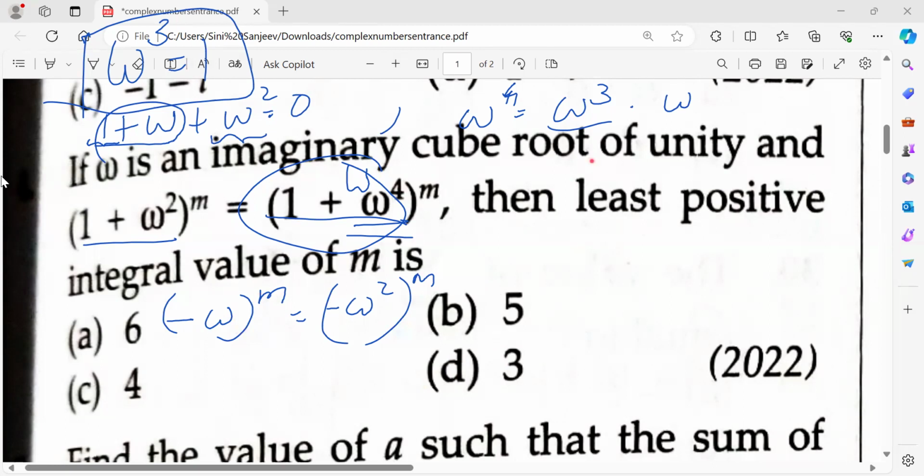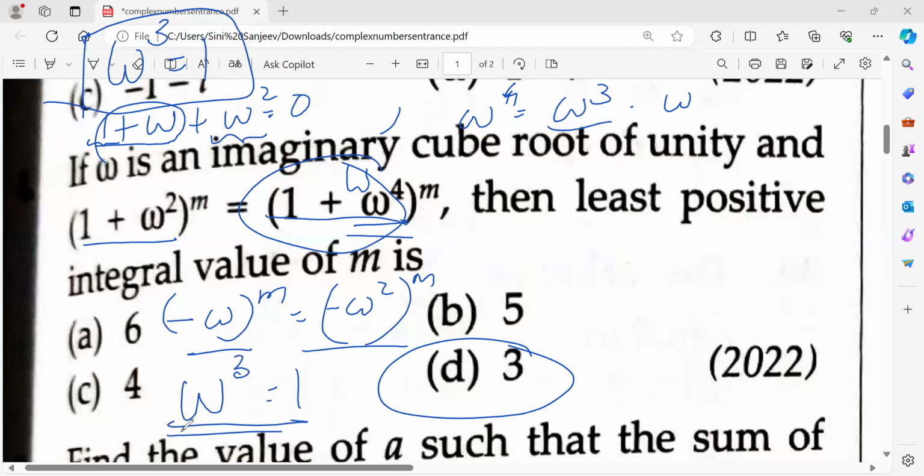I'm just checking out the options, because I was given the least value. If I'm giving m value as 3, what is omega cube value? 1. Correct? So if I'm giving m value as 3, what is the value I'm getting for all of these things? Minus 1, because the minus sign is there. This is becoming omega power 6, 2 into 3 again 6. Omega cube into omega cube, 1 into 1. Again minus 1.